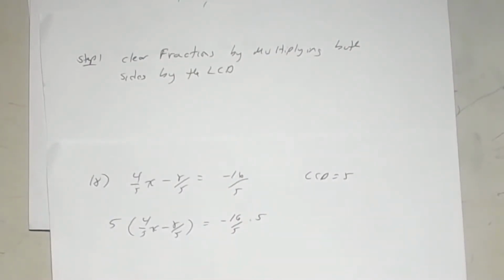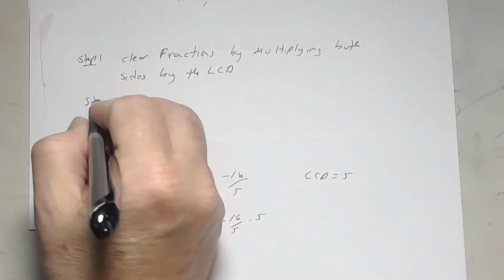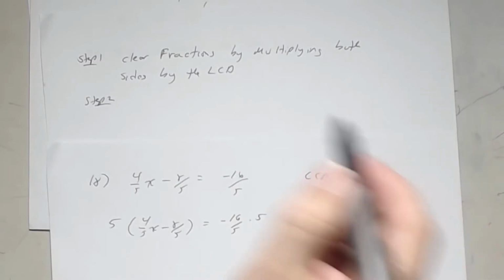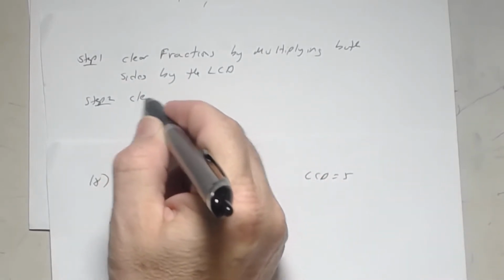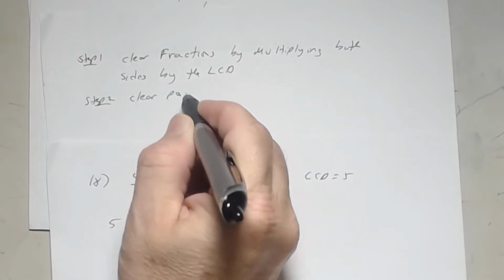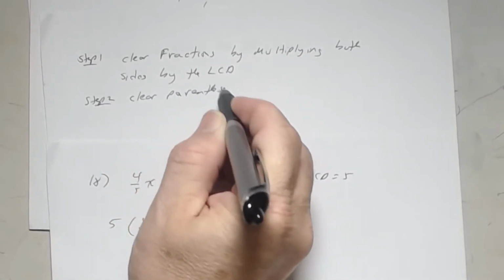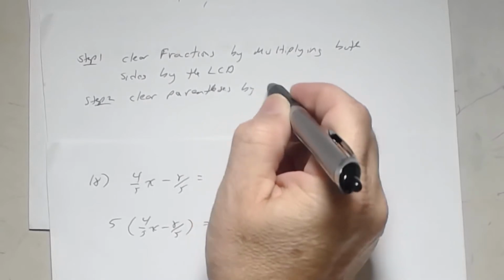Leave it off, and then times 5. Now I have parentheses though, right? Before I didn't, now I do. So now I've got to get rid of that parentheses. So what's step 2? Let's put clear the parentheses by using the distributive property.